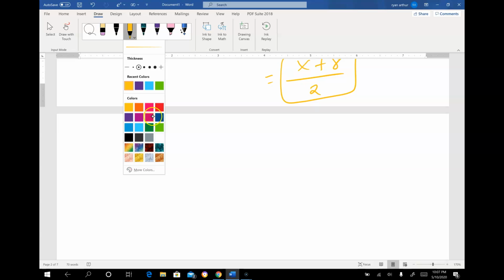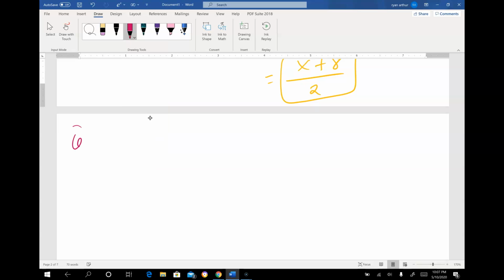Alright, so number 6 is going to be 4 over 3x all over 6 over 4x minus 2. Okay, so that 2 is over 1, right?